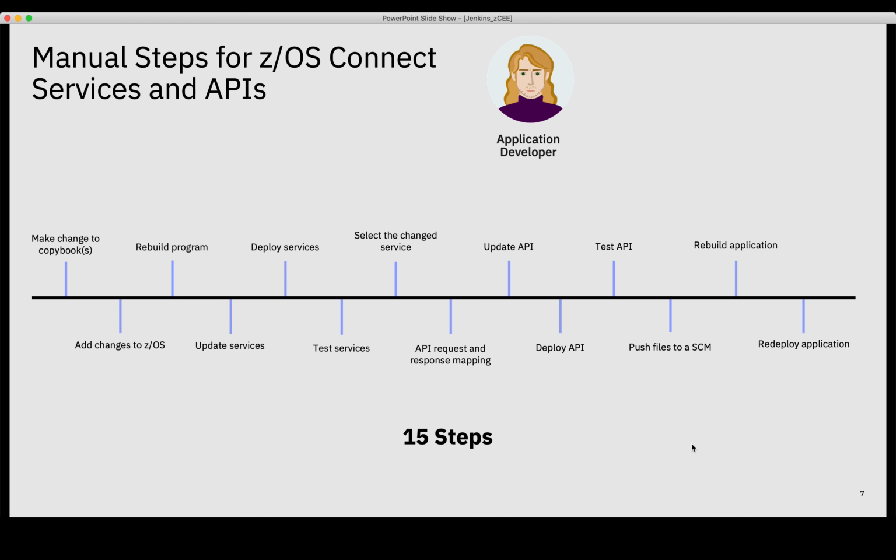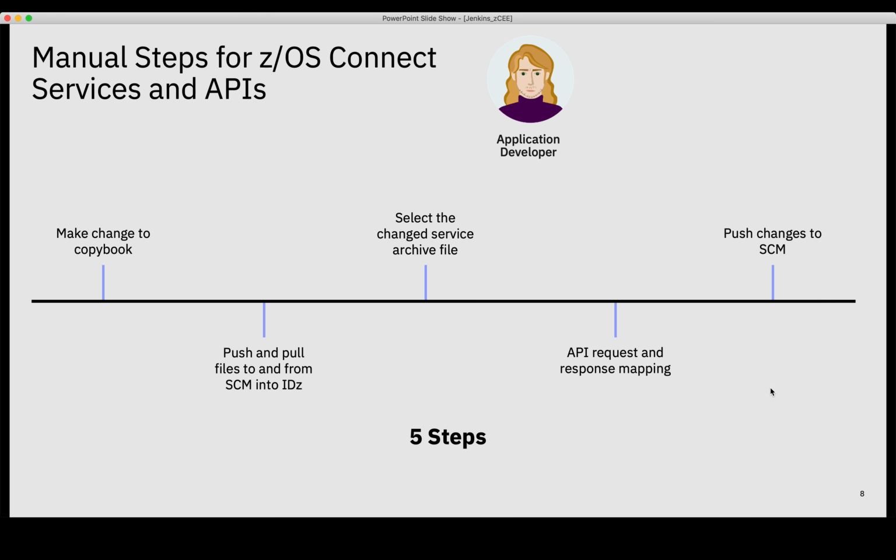So to review everything we've done, these are the 15 steps I originally had to manually go through whenever I wanted to update my COBOL copybook that my z/OS Connect services and API use. But by automating the process with Jenkins, Git, DBB, and IDZ, I can cut that down to just 5 manual steps.